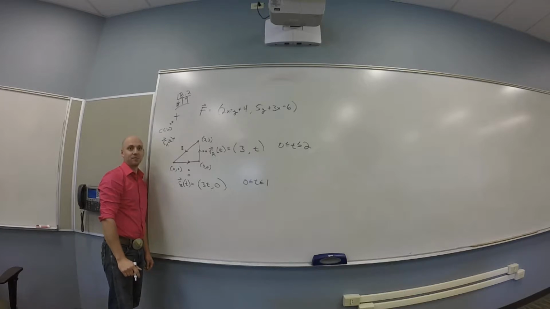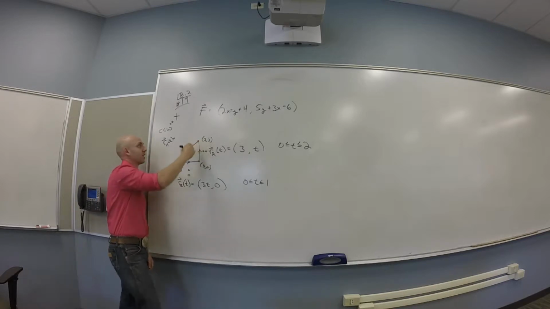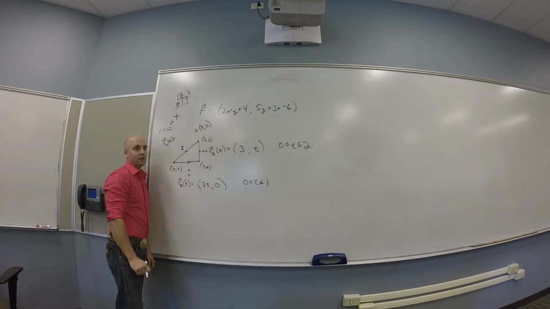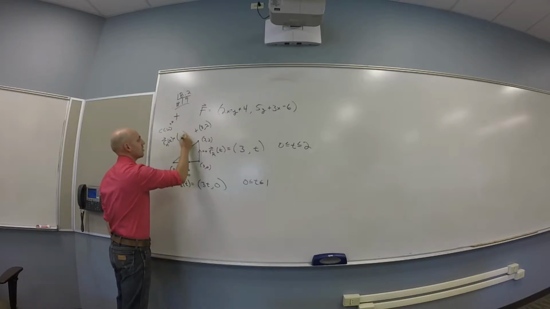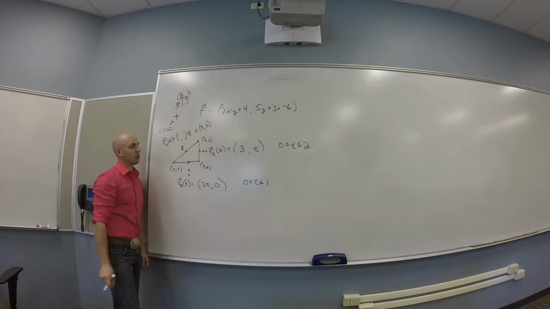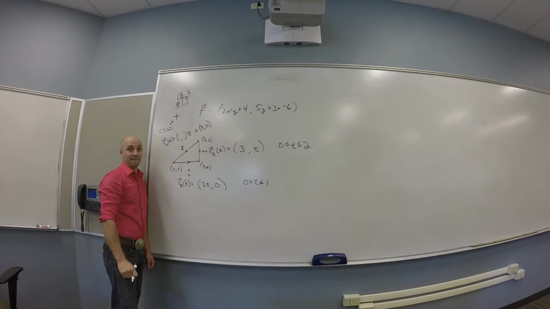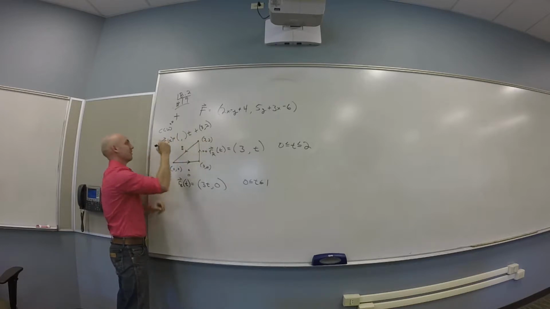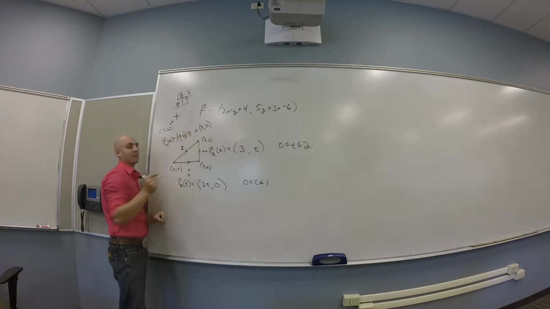I'm thinking about this as a line, so there should be a starting position, that's that 3, 2, and to that I should add some kind of slope times a time. So what's your slope in there? What's that vector? That's negative 3 comma negative 2. You guys all with me on this?